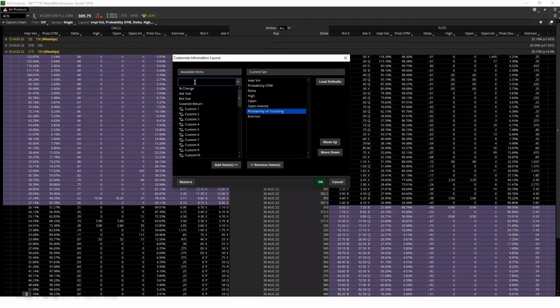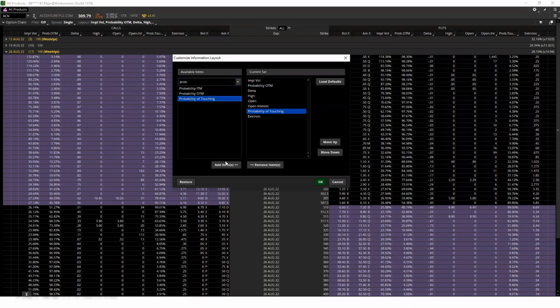You can just look that up here in the available items. You can look at the probability of a certain price being in the money at expiration, out of the money at expiration, or the security touching a certain price by expiration. That's what we're looking at.